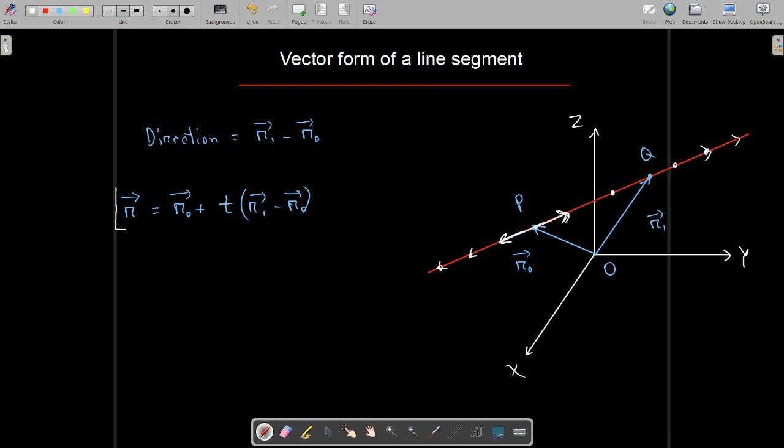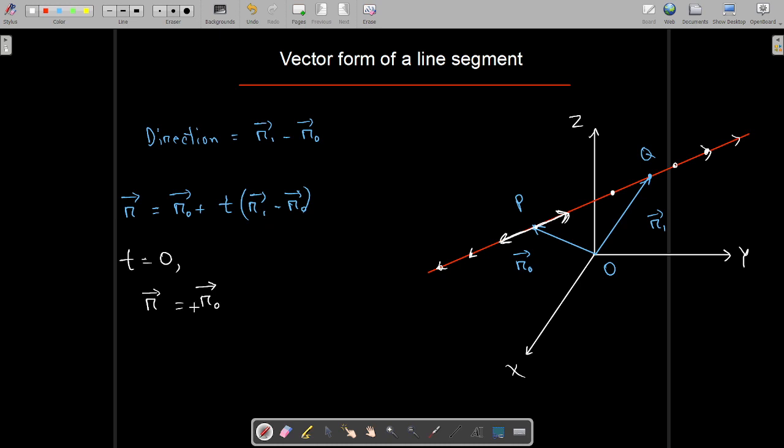So that is our general line equation, but we are interested to find the equation of this line segment PQ. Now how to do it? We have to find the equation of this line segment PQ. Now if let's say t is equal to 0, then the equation becomes just R0.